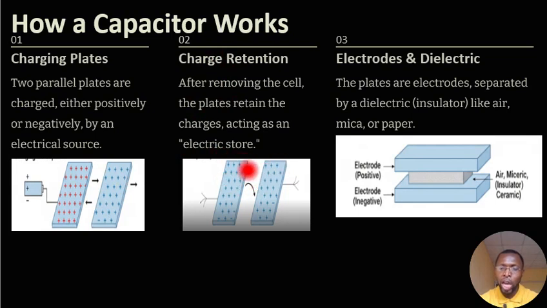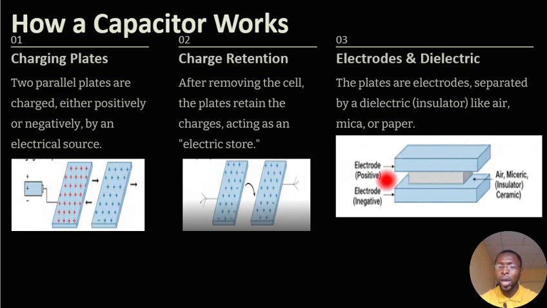So here now, this is a charge one now. That's step 2. And then step 3, you can now add your capacitor in your electric circuit. Now, in between the two plates, there's what we call the dielectric. The dielectric is an insulator like air that acts like a non-conductor in between the two plates.